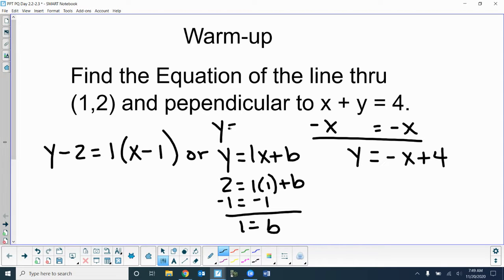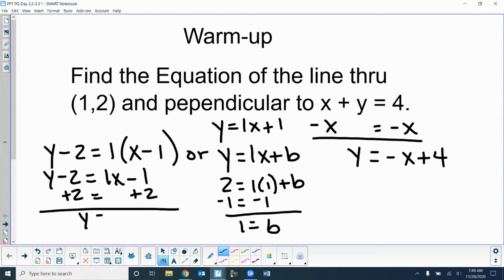So this would be y equals 1x plus 1. You do it this way, you're going to get the same thing. You're going to get 1x minus 1, add the 2, and you get y equals 1x plus 1. So it's not that tough. But the first thing you had to figure out was the slope of that line that you were perpendicular to.